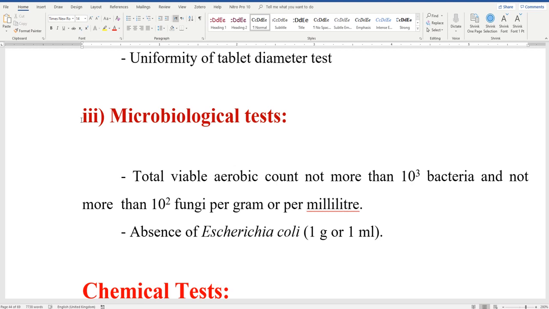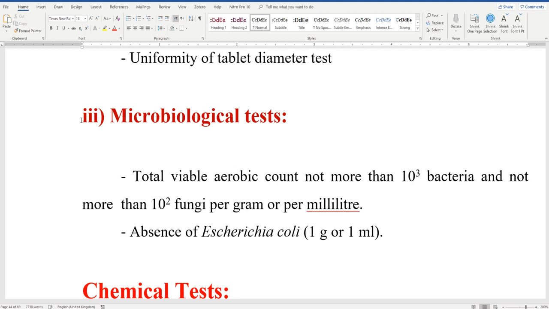Sterile means what? Complete absence of viable microorganisms. There is no microorganism at all. Do I need to produce tablets with a complete absence of viable microorganisms? Well, I can do that, but that will cost me a lot of money and for nothing.